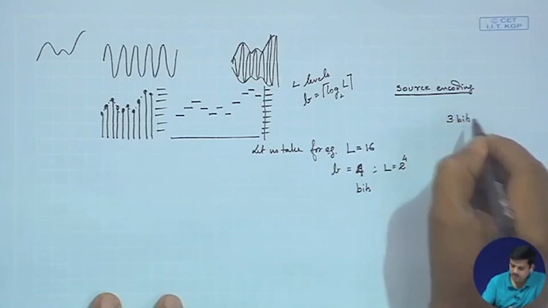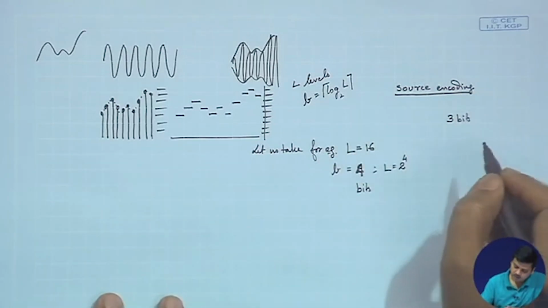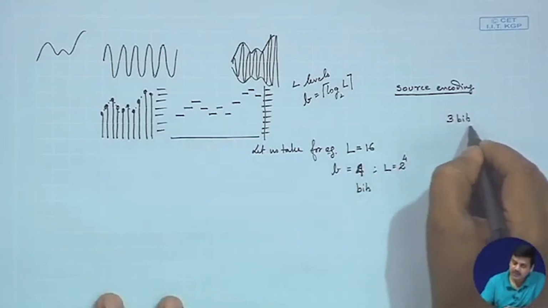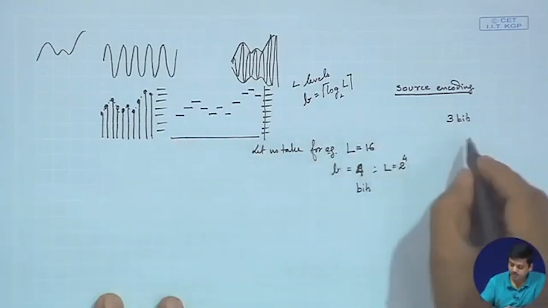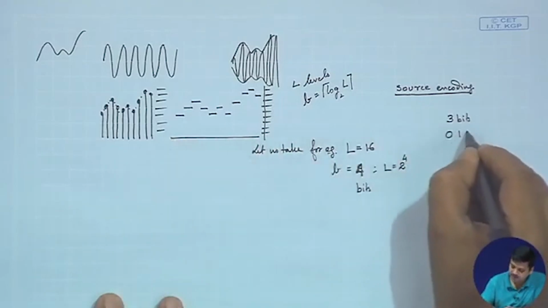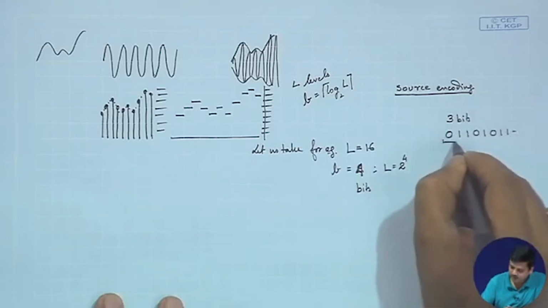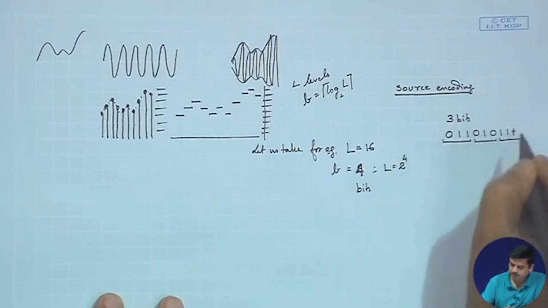Let us take for example, because of redundancy, suppose we have this. So, that means on an average we are going to get 3 bits per symbol, that means per sample, right. So, basically we are getting a sequence of bits where we are getting 3 bits on an average out.